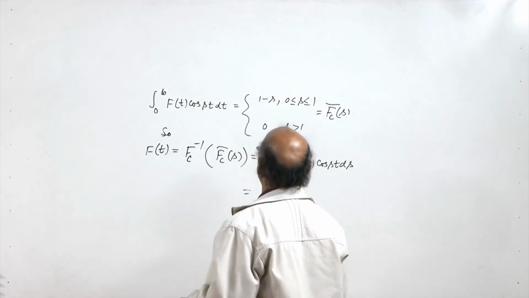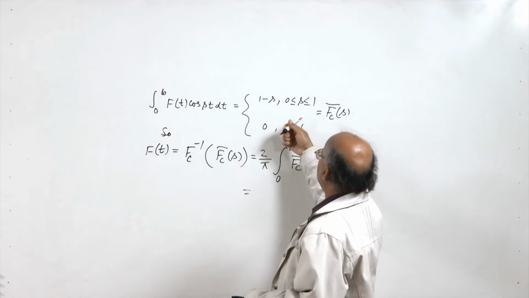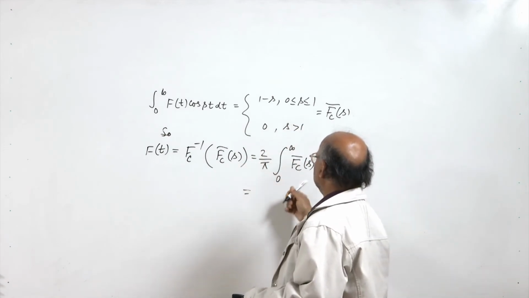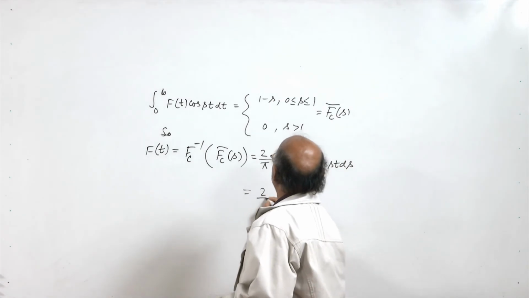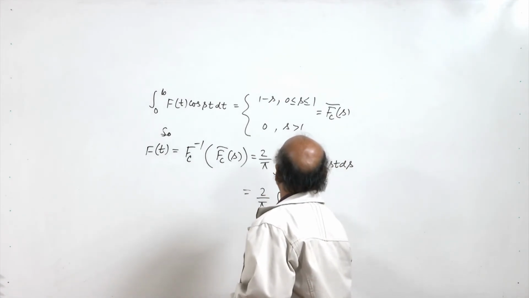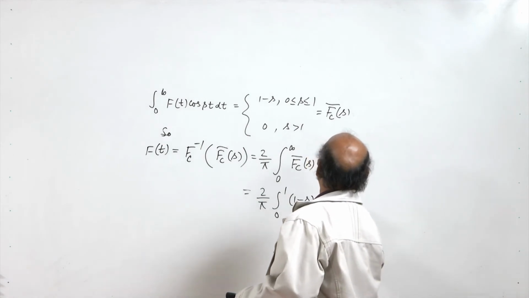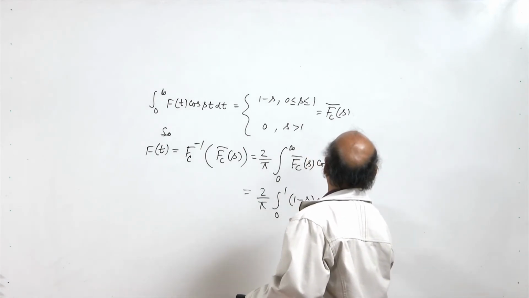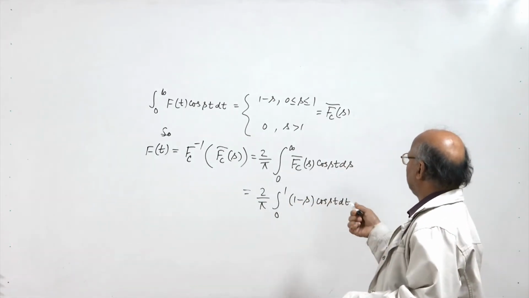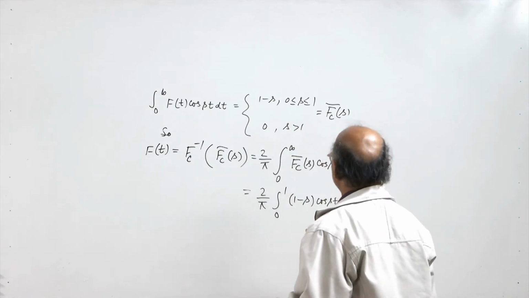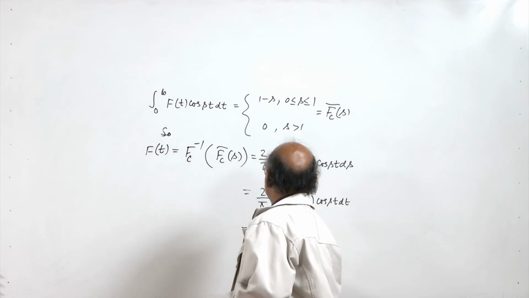Now let us use the definition of f_c bar(s). f_c bar(s) is 1 minus s over the interval 0 to 1, and elsewhere it is 0. So this integral over 0 to infinity can be written as integral over 0 to 1, (1 minus s) cos st ds. The remaining part, the integral over 1 to infinity, vanishes, because f_c bar(s) is equal to 0 for all s greater than 1. Now let us integrate it by parts.